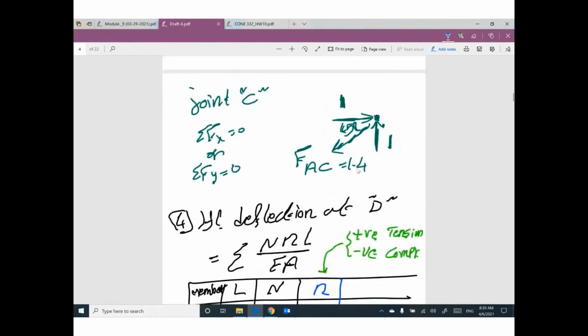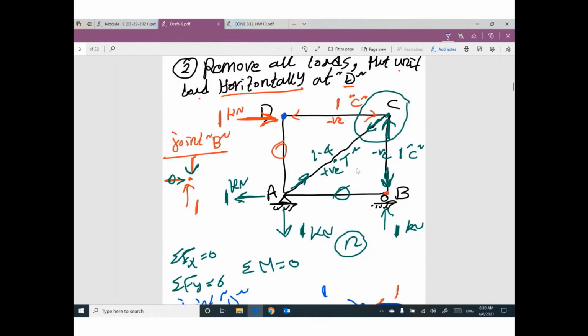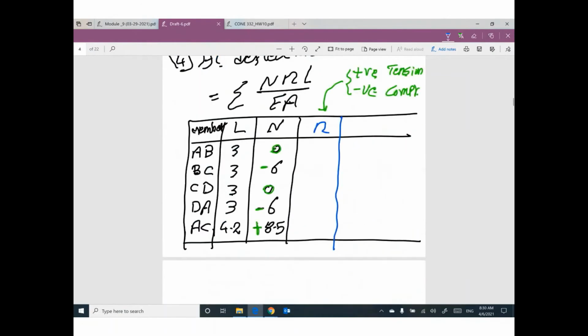The next column, small n. What is the small n in each member? 0, -1, -1, 0, positive 1.4. So we have 0, -1, -1, 0, positive 1.4.